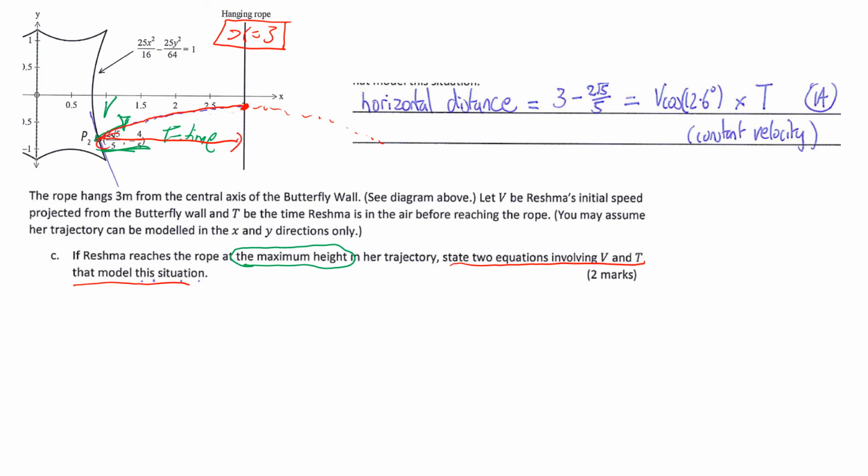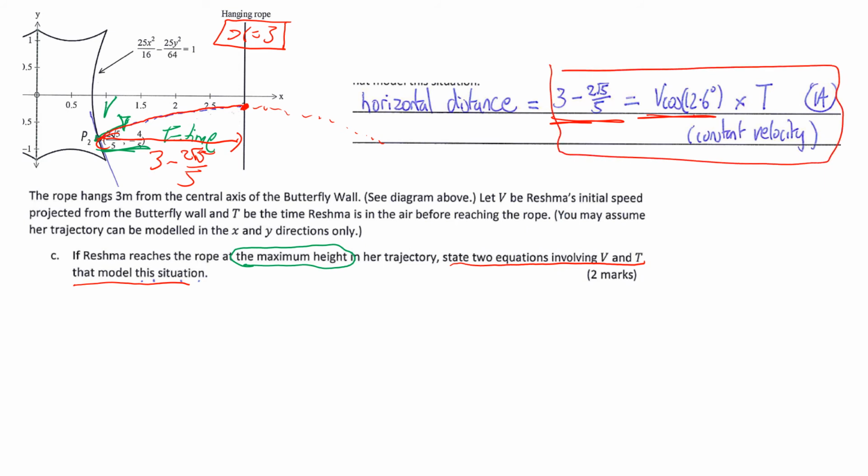Of course that's an x value of 3 from a starting x value of 2 root 5 on 5, and that's the horizontal she covers in a time of T. So it's 3 minus 2 root 5 on 5. So V cos 12.6, her initial velocity resolved in the i direction, times T, it's constant velocity, and that's what I was looking for as an answer, one of the two equations to give.